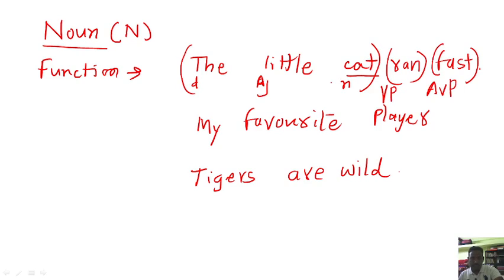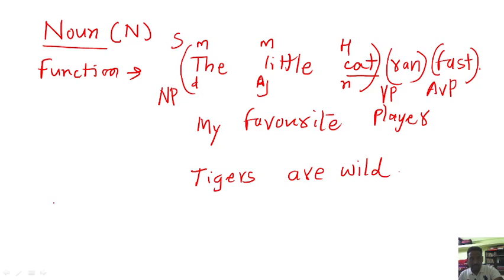Now let's concentrate on the little cat. The little cat is a noun phrase because the head word is noun here. This is modifier, it functions as modifier. Now if I make this NP noun phrase, here it works as subject.